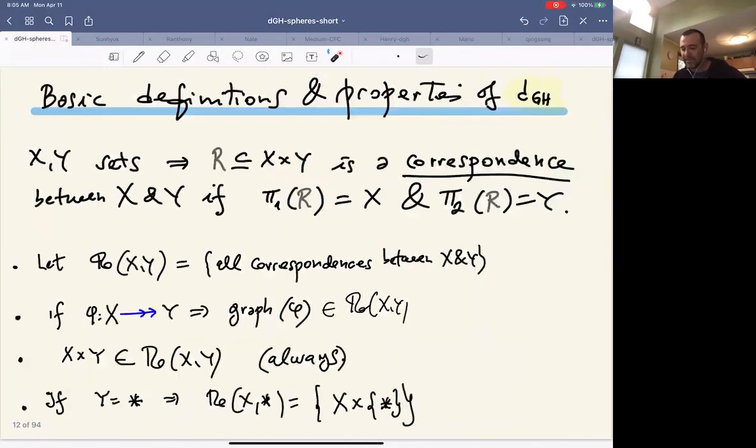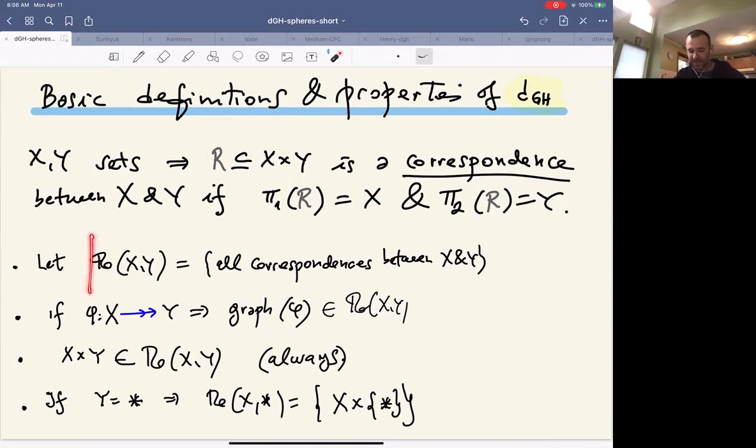Some basic definitions and properties of the Gromov-Hausdorff distance. I'm going to eventually define the Gromov-Hausdorff distance in one way. If you have sets X and Y, any subset R of the Cartesian product between them is a correspondence between X and Y if R surjects onto X and Y via the canonical projections.